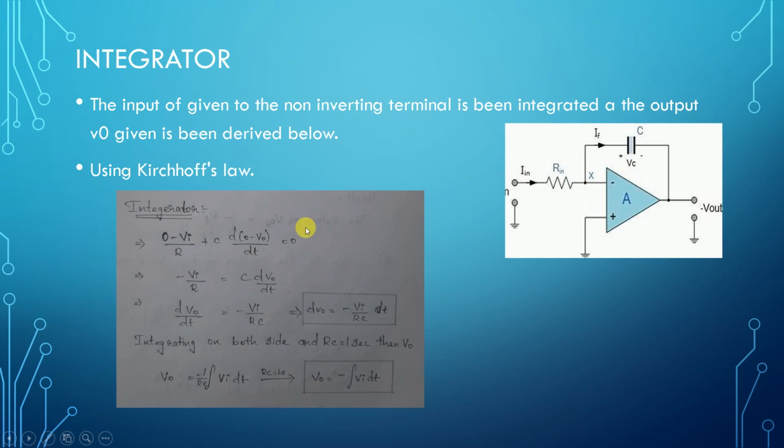So as seen in the differentiator, by applying Kirchhoff's law, we find that dV naught equals minus Vi by RC into dt. Applying integration on both sides, we get V out equals minus 1 by RC integration of Vi dt, where when RC equals 1, V naught equals minus integration of Vi dt.